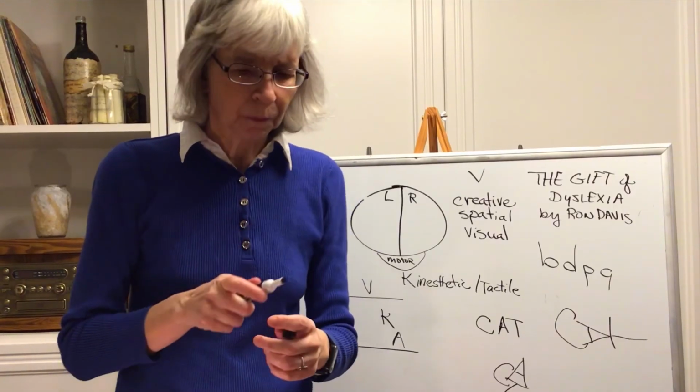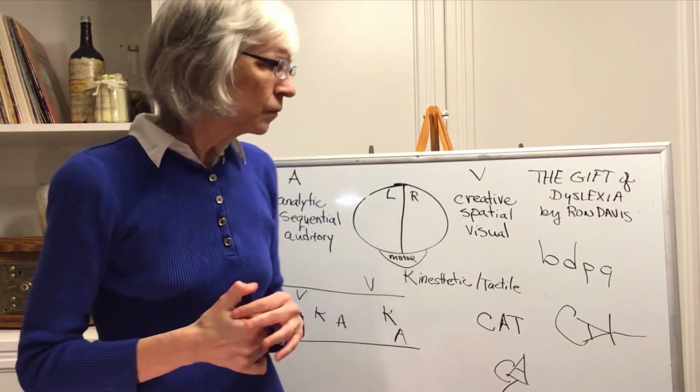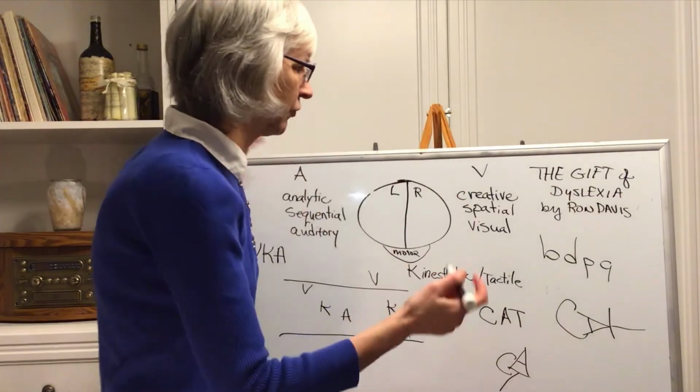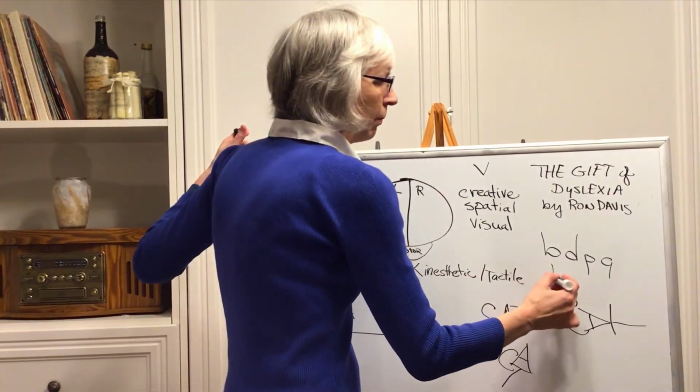They are all the exact same shape, just in different directions, right? And because they're spinning everything, if they try to read the word Bob, they don't know if that's Bob or Bop or Dod or Pop. They don't know because they're spinning everything around in their mind.